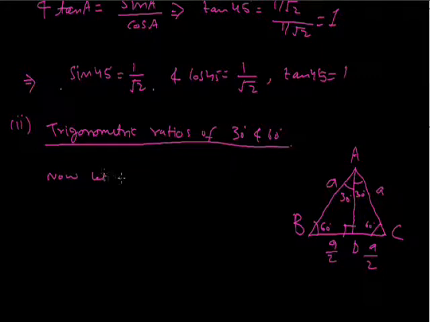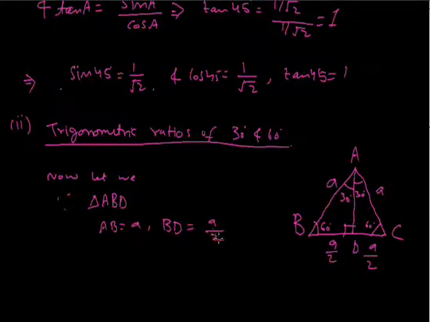Let me first calculate side AD, because in triangle ABD, AB equals a and BD equals a by 2. So AB square equals BD square plus AD square.